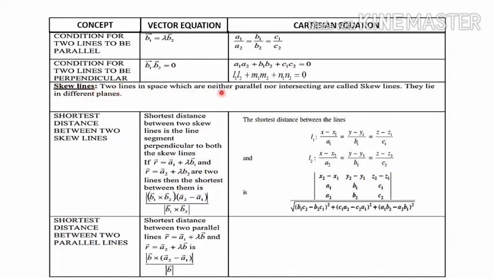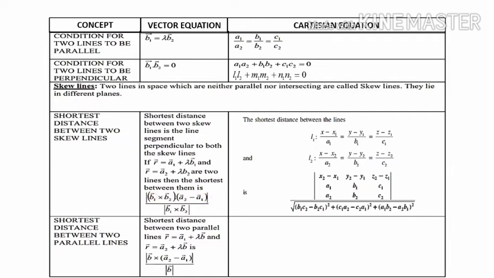Skew lines are lines which are neither parallel nor intersecting, and they lie in different planes, or are non-coplanar. The shortest distance between two skew lines we have learned. There we used the modulus together, but here I'm keeping it separate because it is easy for you to calculate.